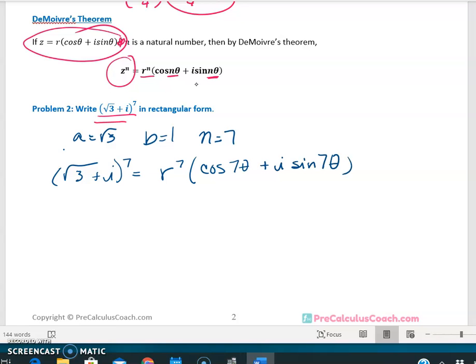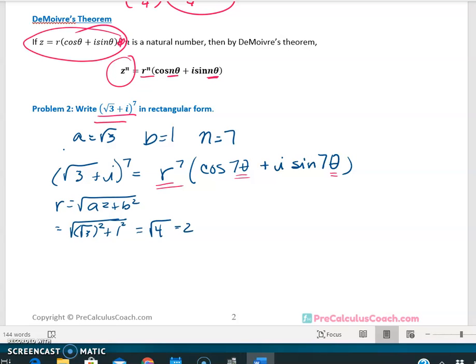Okay, so I need to figure out what r and theta are in this problem. We know that r is the square root of a squared plus b squared, so we'll use that. That's the square root of 3 squared plus 1 squared, which is the square root of 4, or 2.